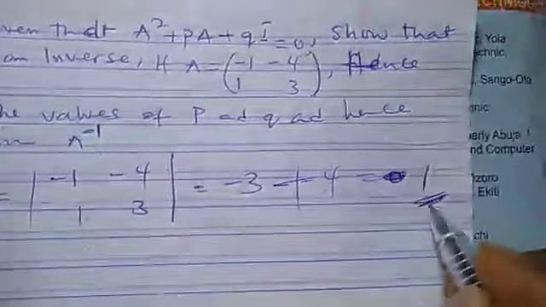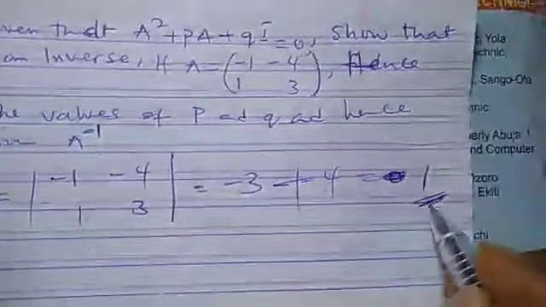So we are now asked to find the value of P and Q. Let's consider this. A minus lambda will become minus 1 minus lambda, minus 4, 1, 3 minus lambda, equal to 0.